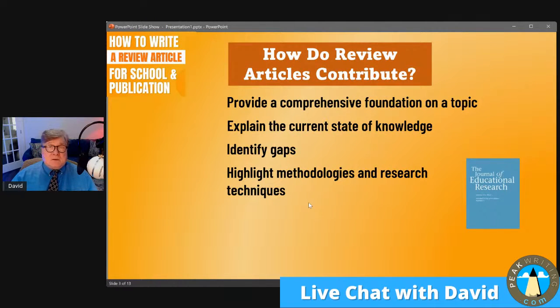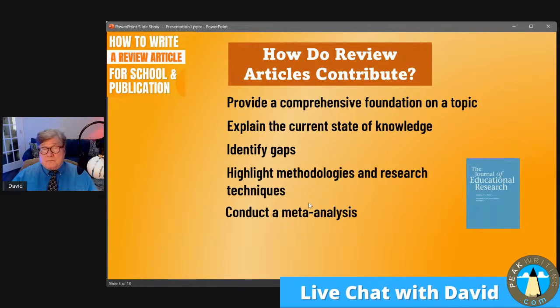If you are looking for the methodology or the research technique or even the theoretical framework for your particular study, then find a literature review or review article that focuses just on methodologies. You will get an overview of those methodologies that will allow you to choose more consciously and more successfully.